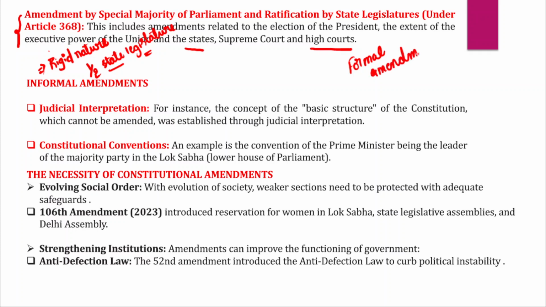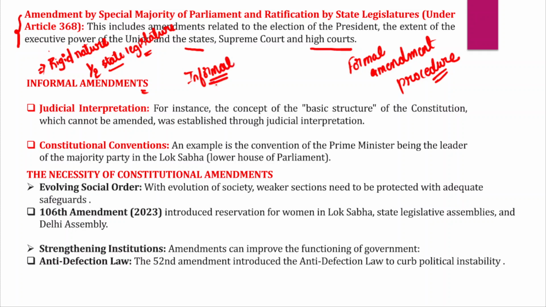of the Indian Constitution. However, apart from the formal amendment procedure, there are also certain ways through which the Constitution can be amended. That is what is known as informal amendments to the Indian Constitution. So how could informal amendments be made?